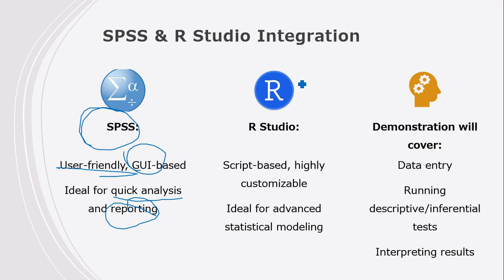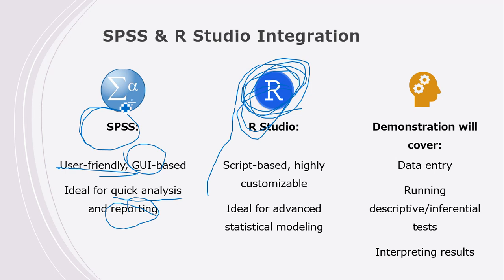Now, there is another statistical software called R. R is a programming language. We like to call it the language of data science.